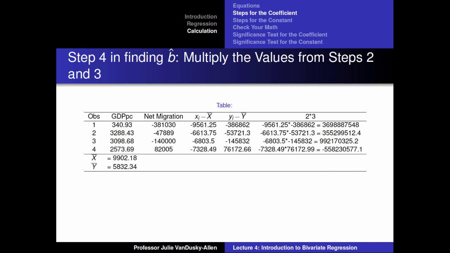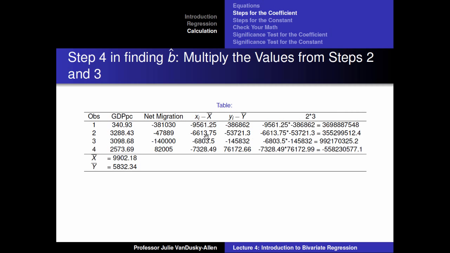The next step in calculating b hat is multiplying the corresponding values from steps 2 and 3. So in observation 1, the value of xi minus x bar was negative 9561.25, and the value of yi minus y bar was negative 386,862. So negative 9561.25 times negative 386,862 is 369,888.7548.